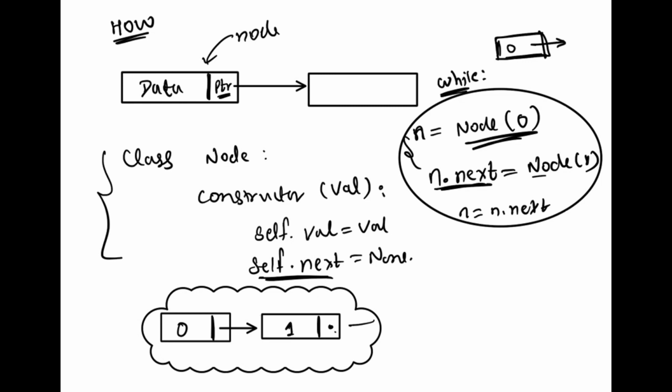So 3 lines of code in a loop will create the data structure. Yes, it takes more memory than the array, and the trade-off is you can insert and delete at the ends of the data structure in just O(1) time complexity.